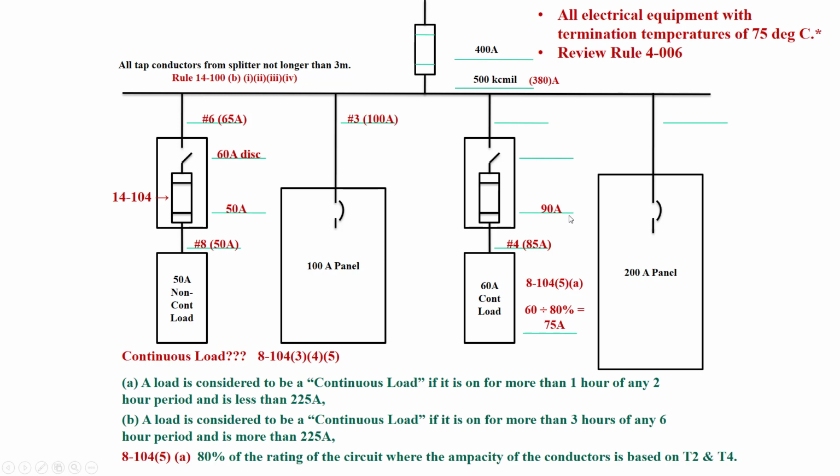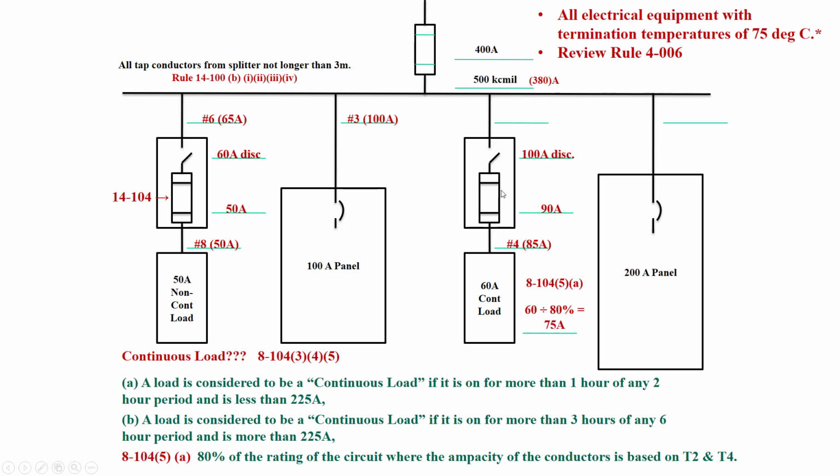All right. So I have a 90 amp fuse. I have to purchase a 100 amp disconnect here. So the size of this disconnect, remembering from the previous slide, is in the range. We have to go to a 100 amp disconnect. So now we look at this conductor, our tap conductor again.